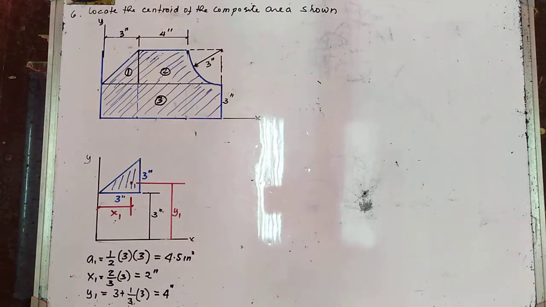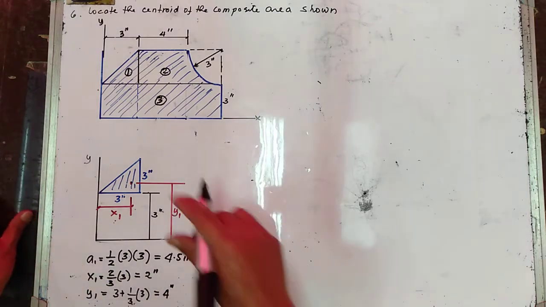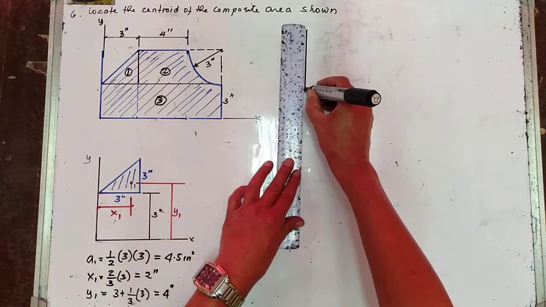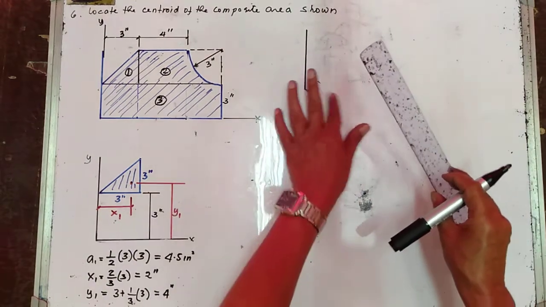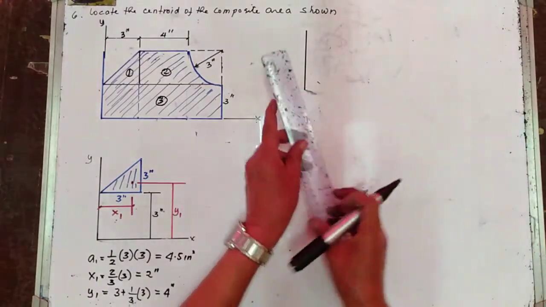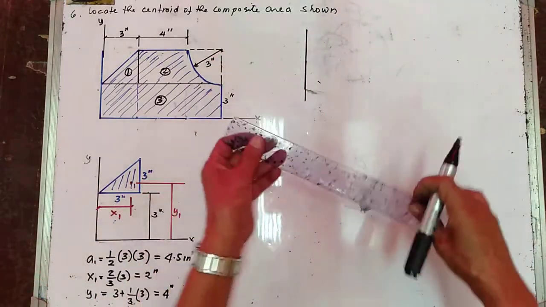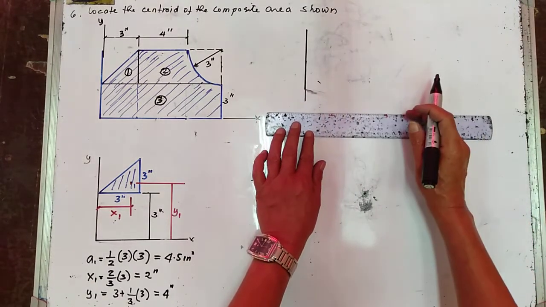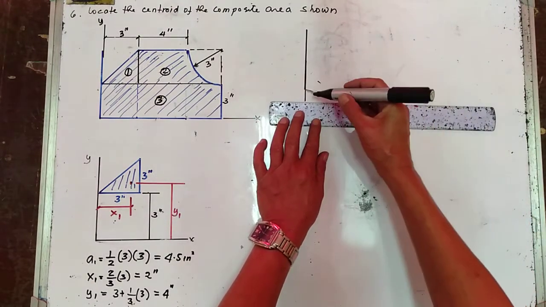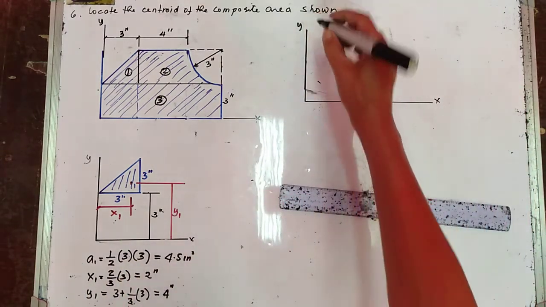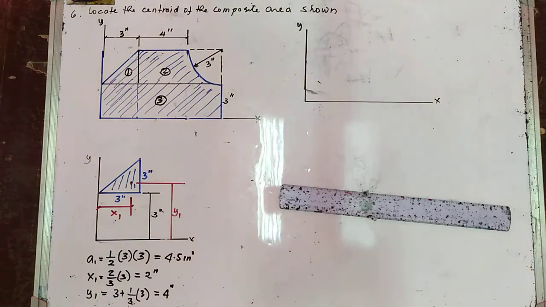So the second area, this is the y-axis. And we now have the x-axis. So let's try to have now the x-axis. We have your x, and this is now your y. So the second area is this one in here.